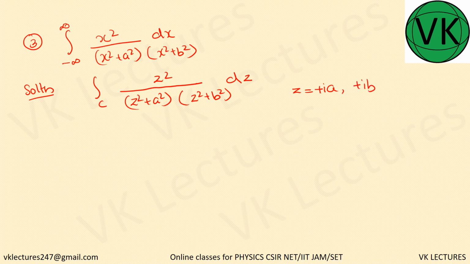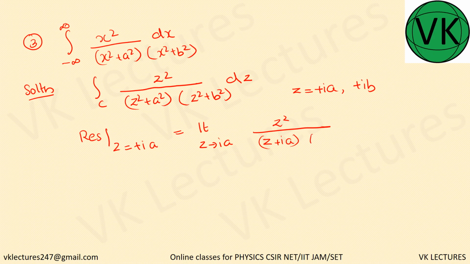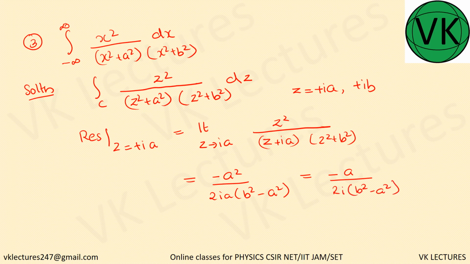So residue at z is equal to plus ia is equal to limit z tends to ia of z square divided by z plus ia into z square plus b square, which is equal to minus a square divided by 2ia into b square minus a square. So that is equal to minus a divided by 2i into b square minus a square.